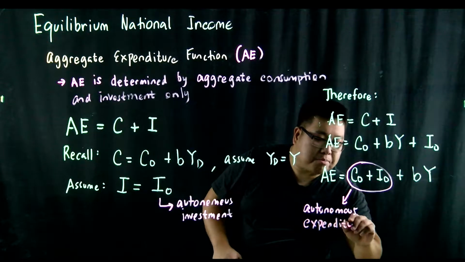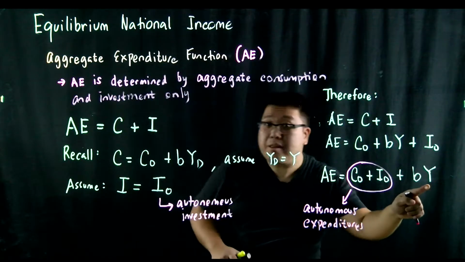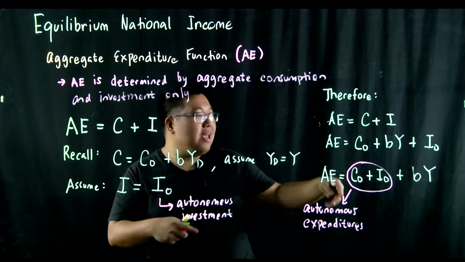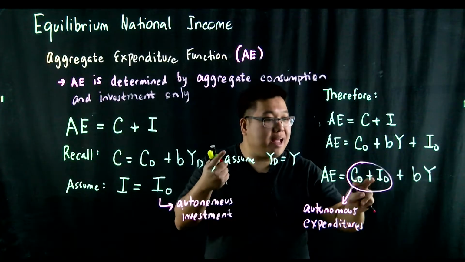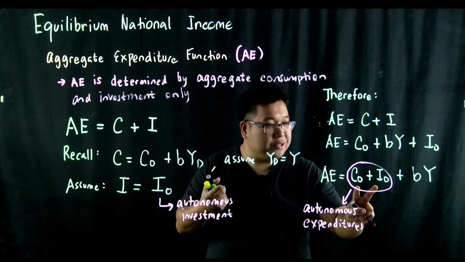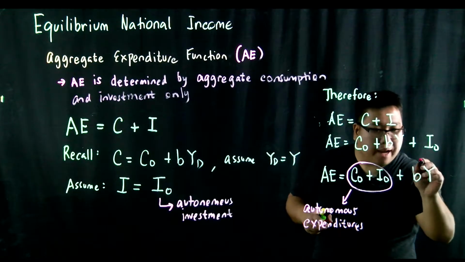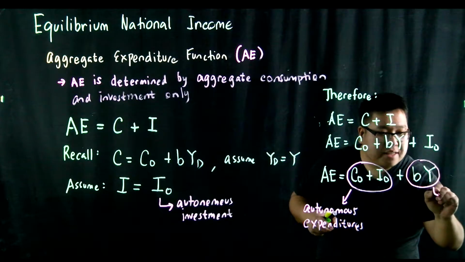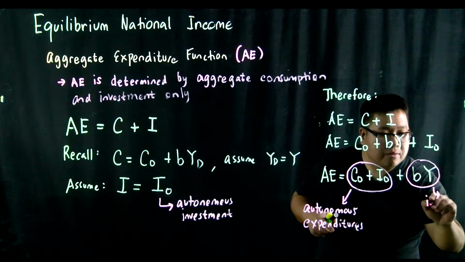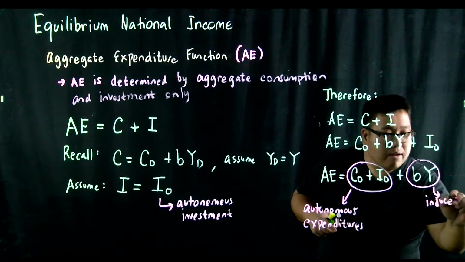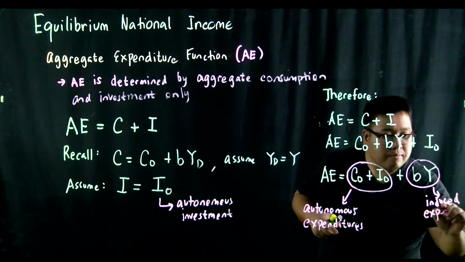These are expenditures that do not depend on Y. So in other words, even if your Y is 0, we still have our autonomous expenditures. Now, this B times Y, this is what we call induced expenditure.